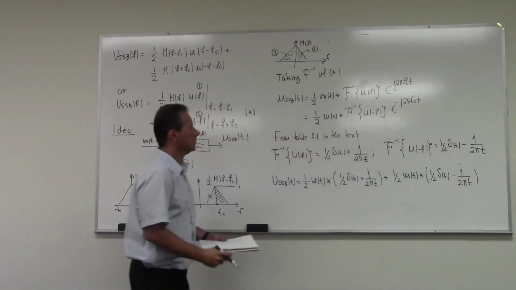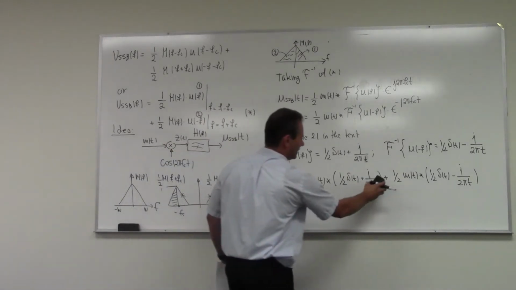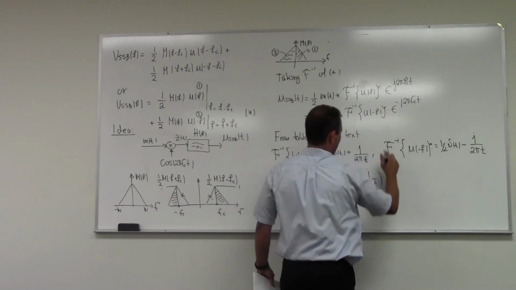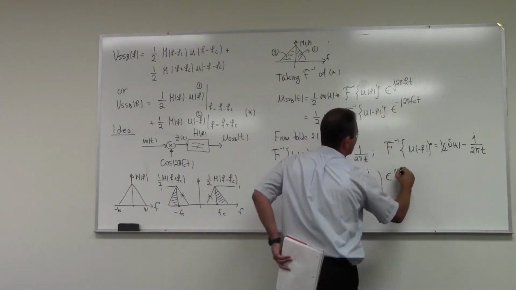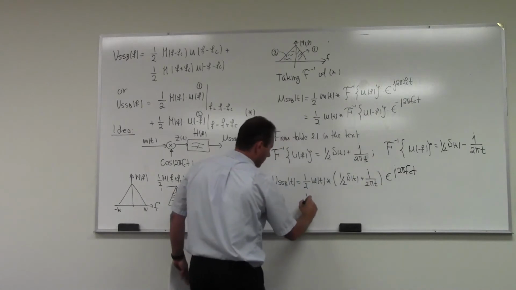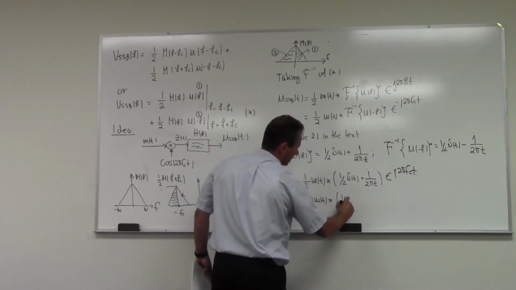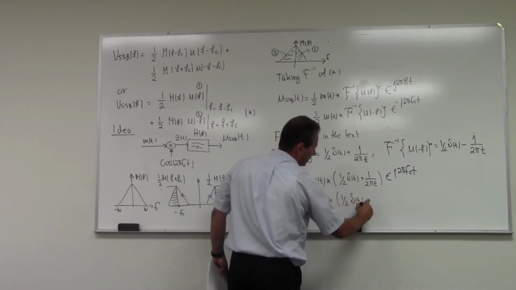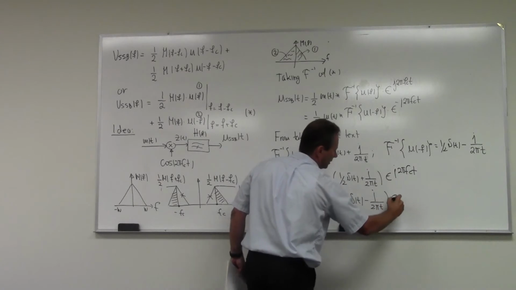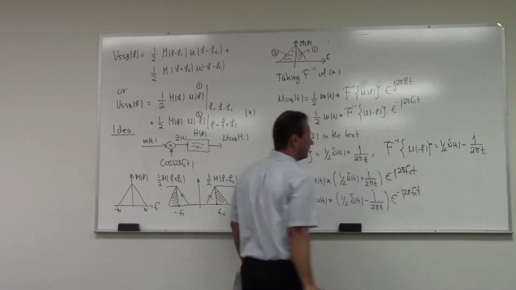So this gives me a recipe what needs to happen in a, oh, and I forgot, I knew I was forgetting something. What is missing here? This exponential, right? e to the j 2 pi fc t. And then I have, again, 1/2 m of t convolved with 1/2 delta of t minus j over 2 pi t, and then e to the minus j 2 pi fc t.